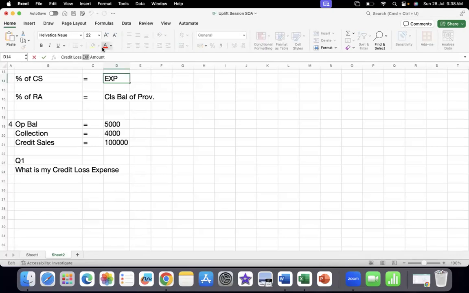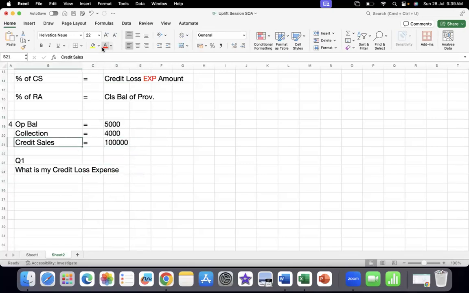This is your credit loss expense. So what is my credit loss expense based on this situation? Because you have credit sales given to you directly, the next question should be which method the company is using to calculate its provisions or its losses.